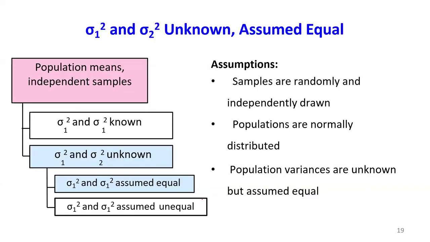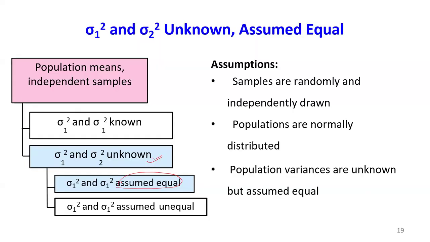Now let's suppose we are in a scenario where we do not have information about the population variance. Again, there are two sub scenarios. One is that we assume, though we do not have the information, that they may be equal.